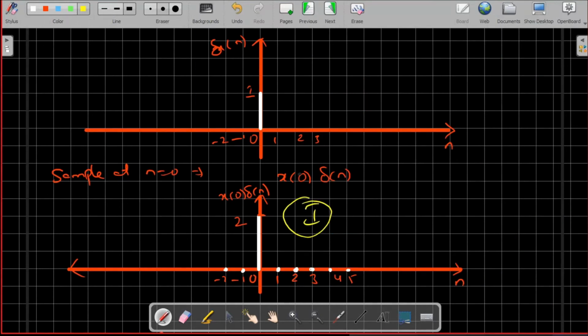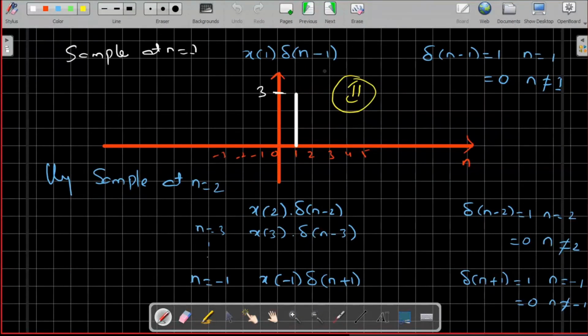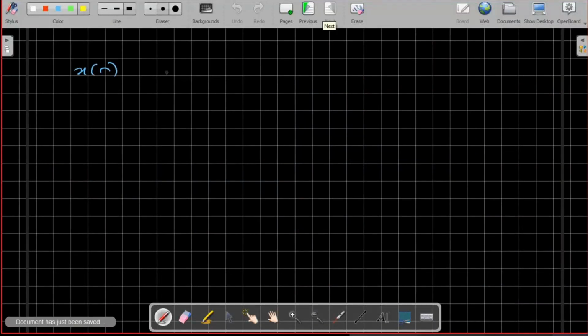Okay, now add signal 1 and signal 2, which I am representing with the Roman letters. Add signal 1 and signal 2. Okay, what will you get? You will get the two samples. One is at n is equal to 0, amplitude is 2, and the second is at n is equal to 1, amplitude is 3. Like if you add all the samples, we can reconstruct our original signal x of n.